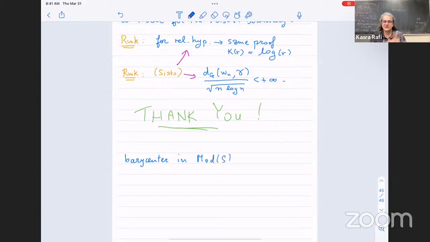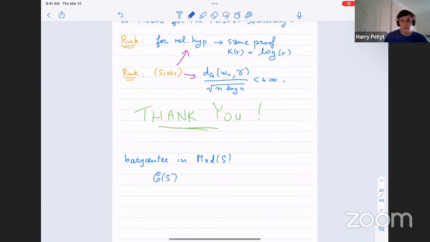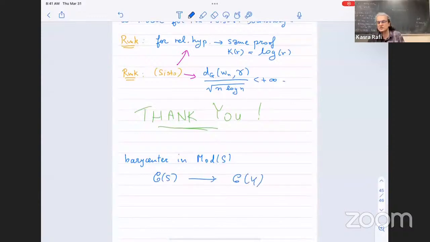So the idea is that you project everything into the curve graphs. You pick 3 points, you project into each curve graph, each of them is hyperbolic, so you can look at the center of those triangles in each of the curve graphs, and then you have to prove those are actually consistent, so they satisfy this Behrstock inequality. Which means there's a realization, you can put them together and bring it back up.